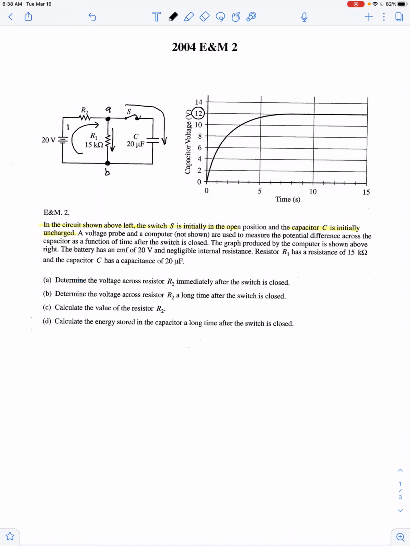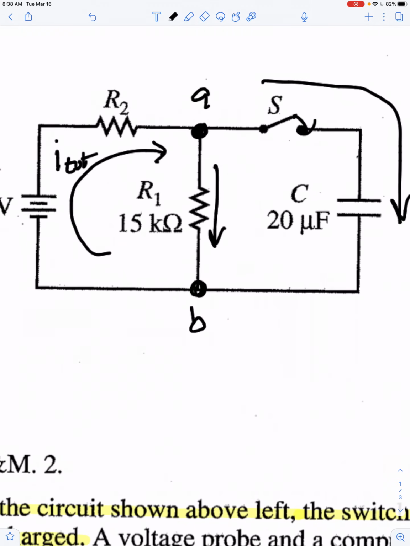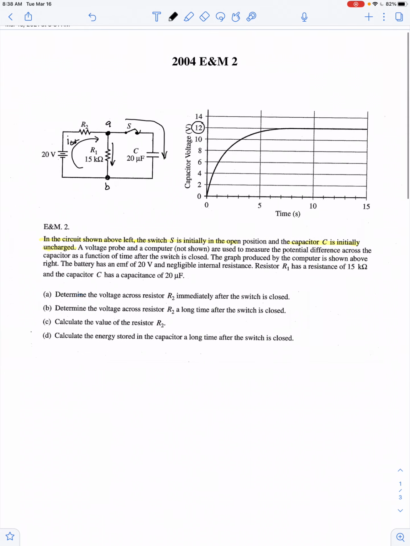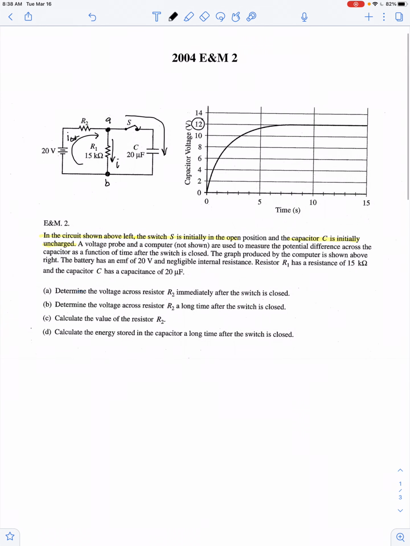So we'll call this I total, and then we'll call this I1 and I2. Now you know by Kirchhoff's junction rule that I1 plus I2 has to equal this I total.